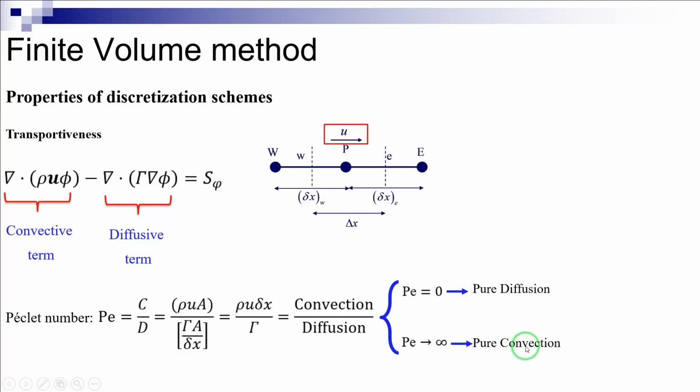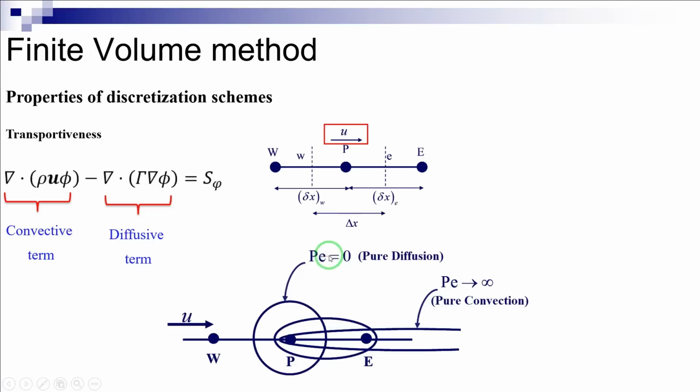For Peclet equals 0, according to this figure, the diffusion of the variables is done in all directions. Therefore, the values of the variables at E will be affected by the upstream values as well as the downstream values. As the Peclet number increases, the contours change shape from circular to elliptical in the direction of the flow.